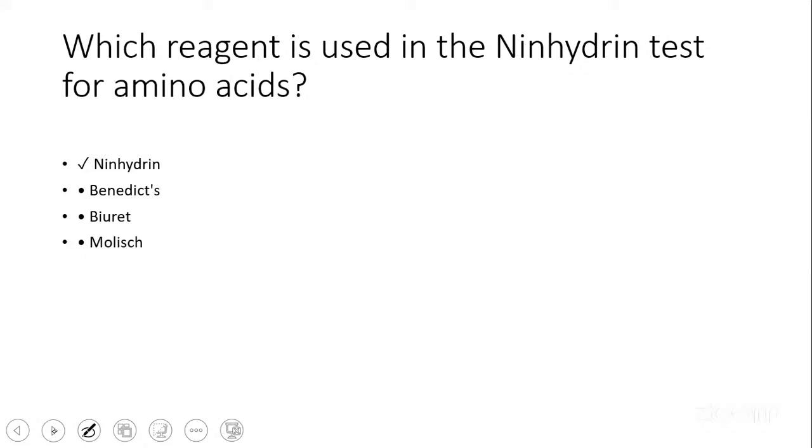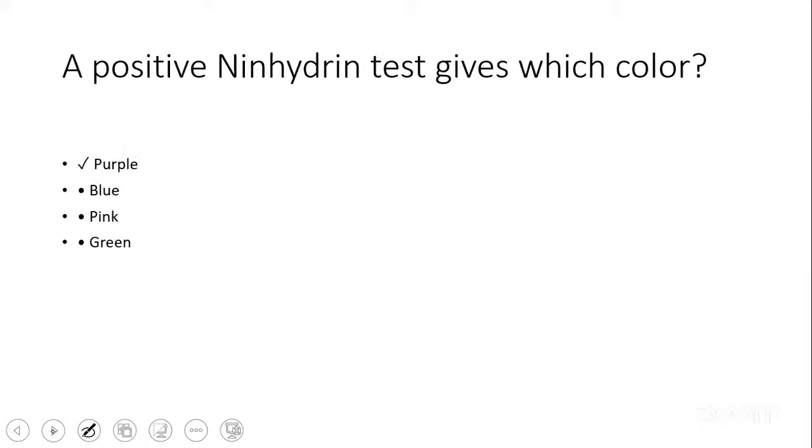Of course, the answer is ninhydrin. This is actually one of the bonus questions we have. So a positive ninhydrin test gives which color? Purple. I talked about it in our last lecture.